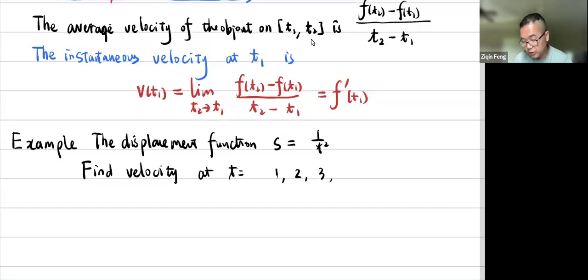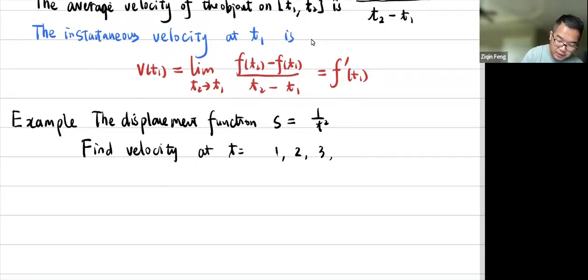So how do we do that? Instead of getting s prime of 1, s prime of 2, s prime of 3 separately, let's try to get a general formula for s prime of a. So the solution here: fix a general number a greater than 0. Let's get velocity as a function.